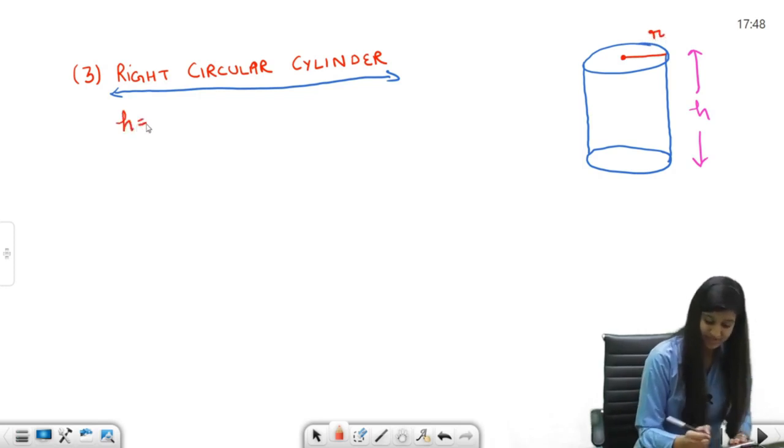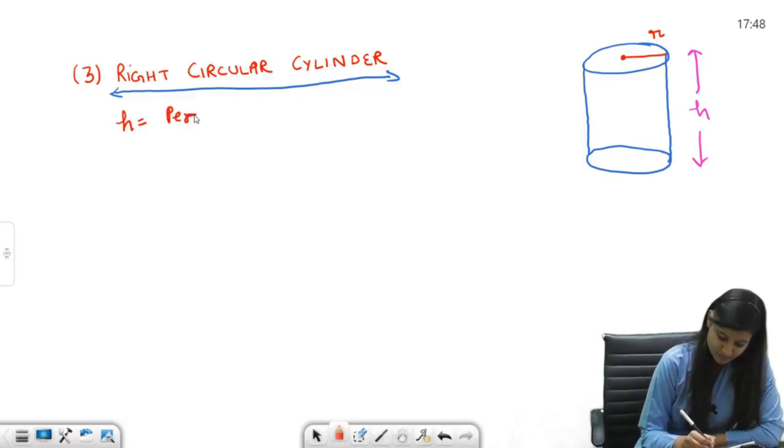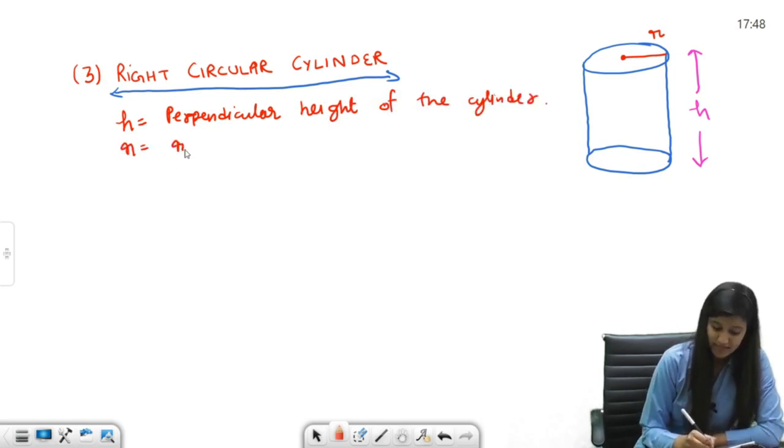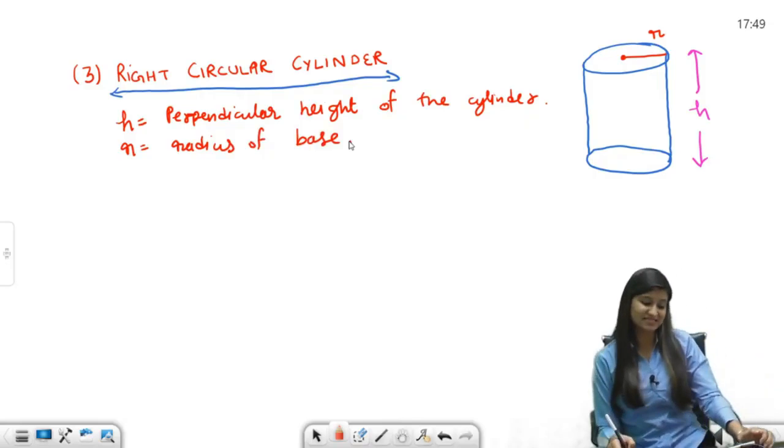Here h is the perpendicular height of the cylinder, and r is the radius of the base.